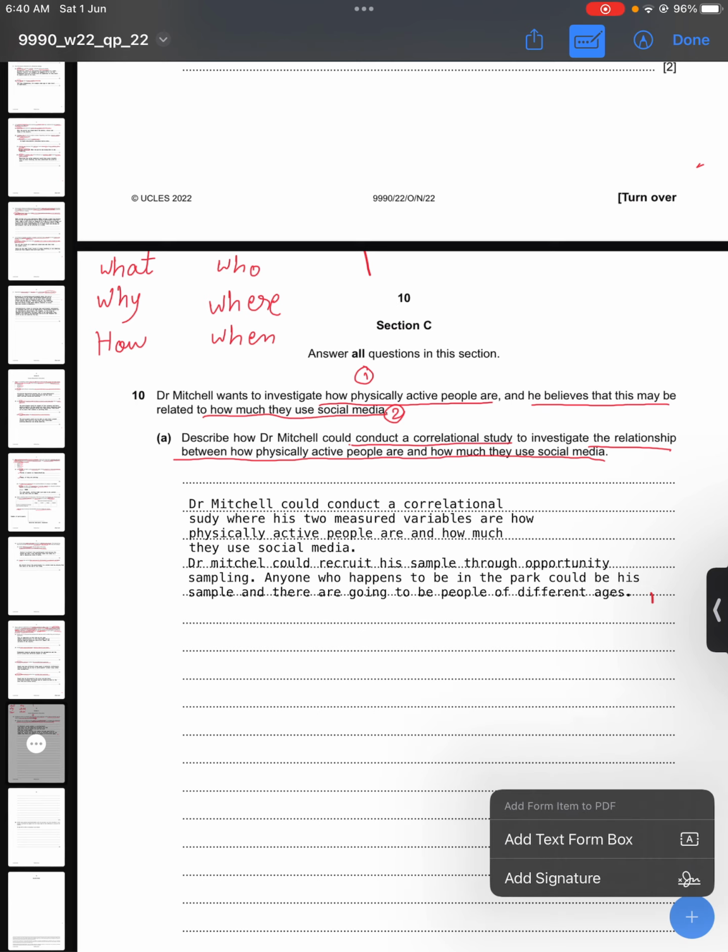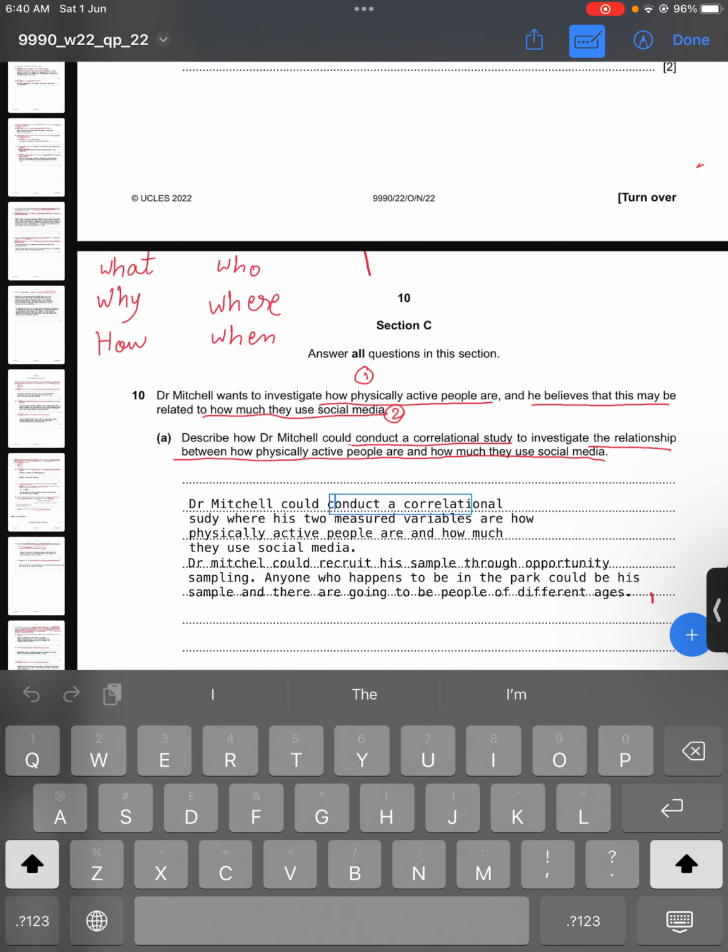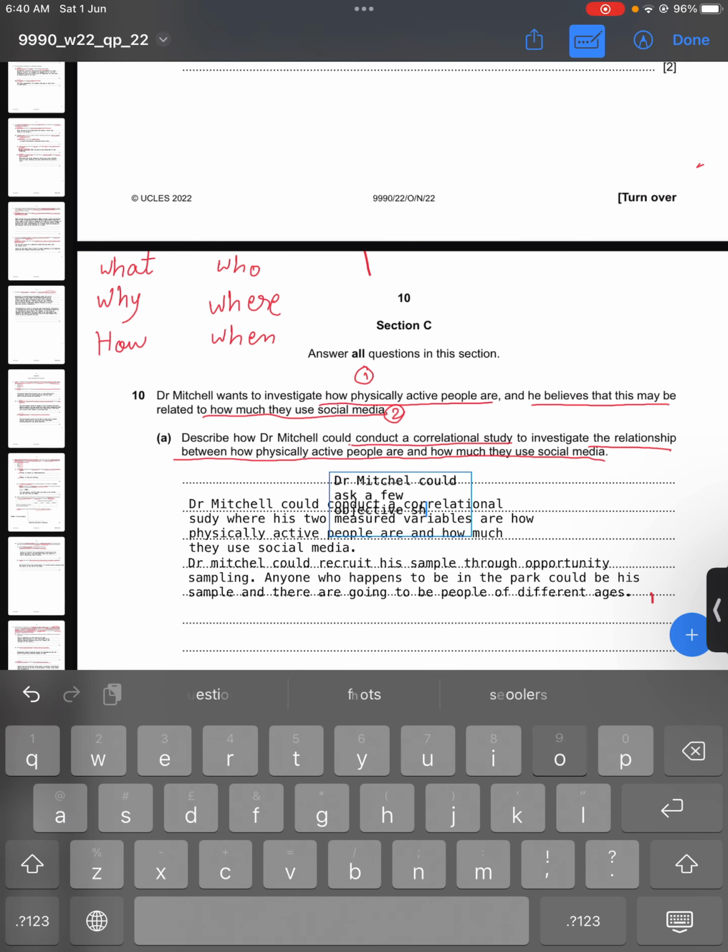And then for the how part, you can write that Dr. Michel could ask a few objective short questions from the participants.